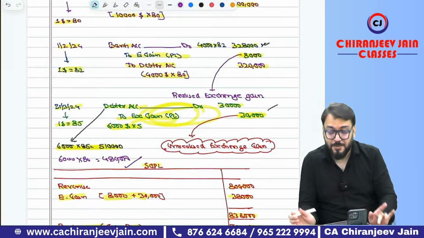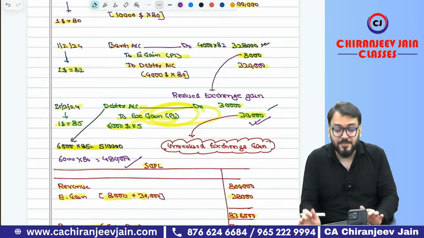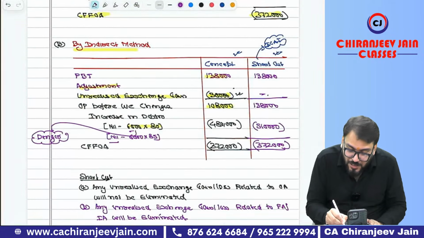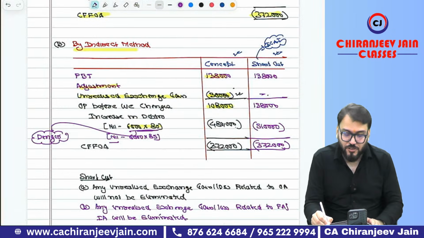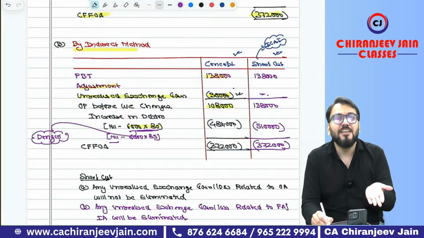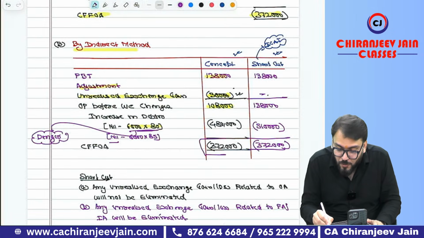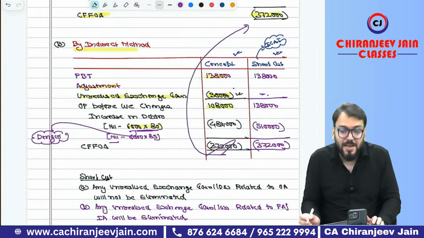That is only the concept, because if you have eliminated this, your debtor should also be reversed. So nil minus 6,000 into 80, that is minus 4,80,000, because there is an increase in debtor. So your cash flow from operating activity is 3,72,000, and this matches with the direct method.